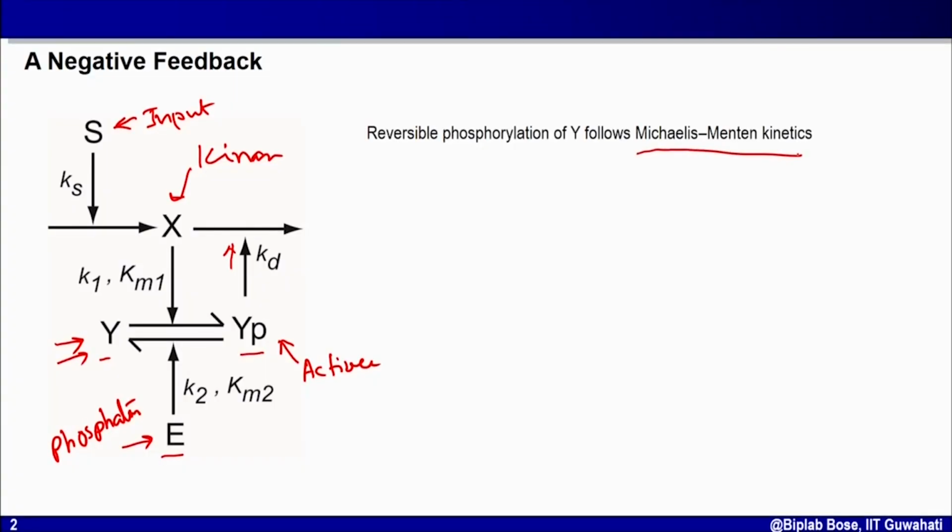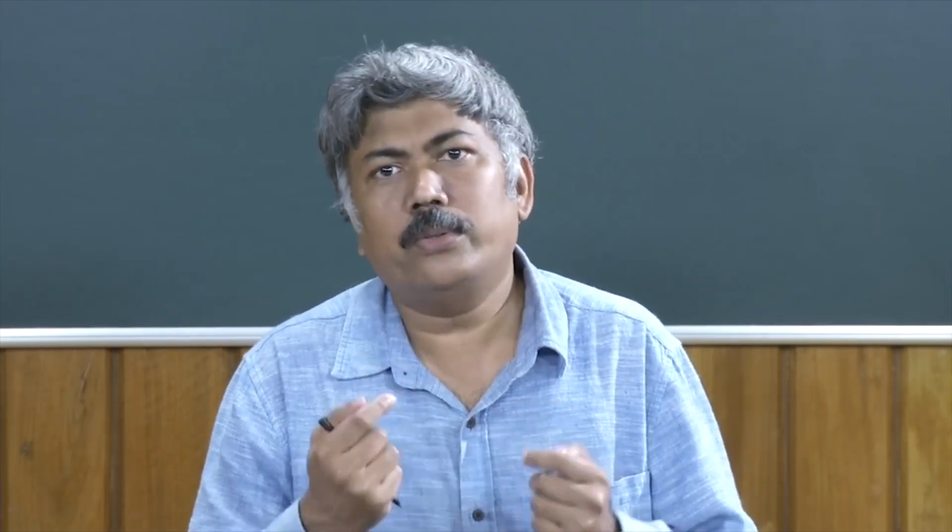If you remember, last week, in a particular module, we discussed a reversible reaction system where both reactions follow Michaelis-Menten kinetics. In that module, we learned how to write the ODE for that type of simple reversible reaction. We will use those concepts here in this model.